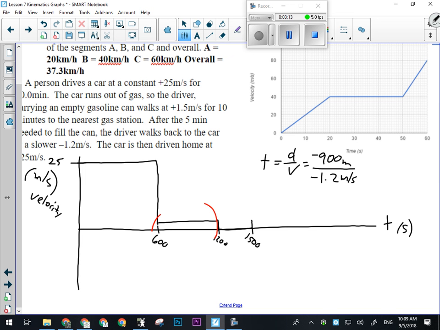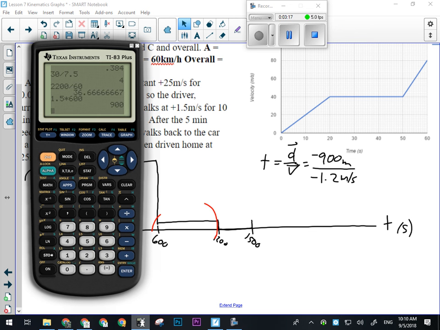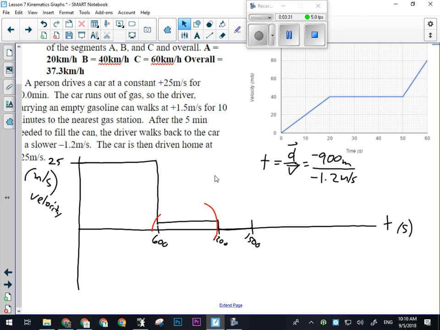Actually, they're both negative, because they're backwards. Not that that really matters a whole lot. So we're going to have 900 divided by 1.2, and it's going to take them 750 seconds to walk back instead of the 600 it took before. So that means we're going to be at 2,200 seconds.